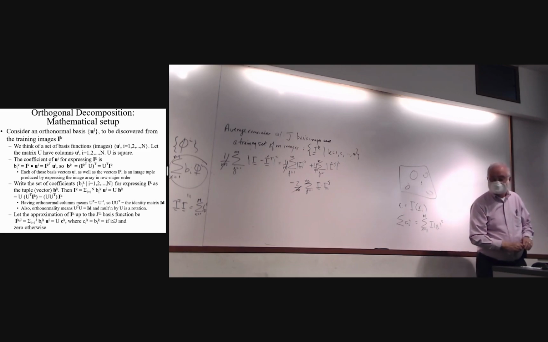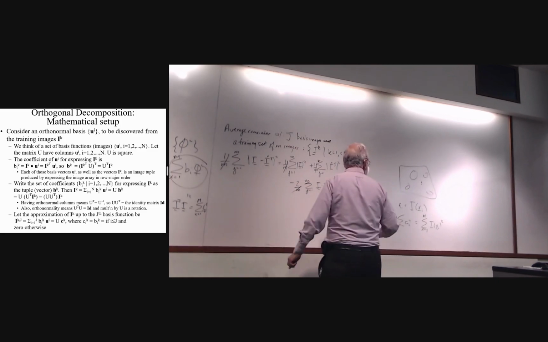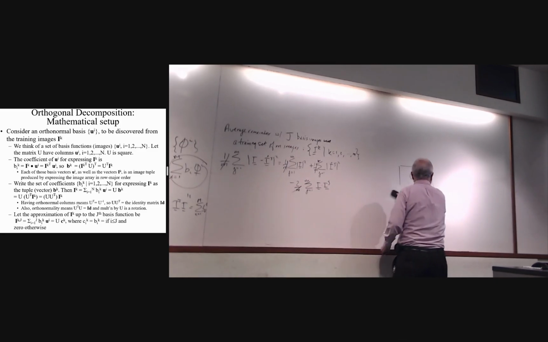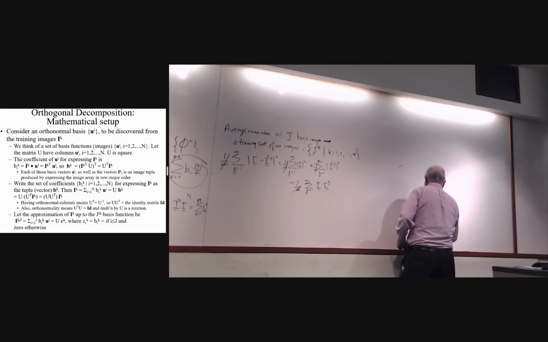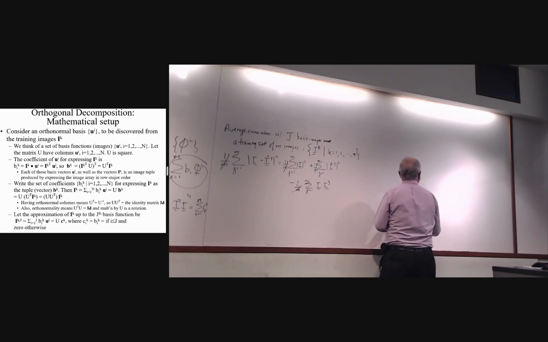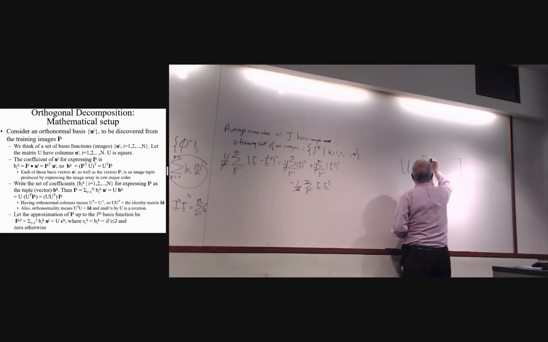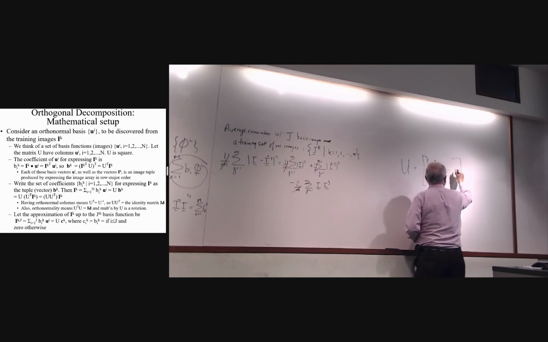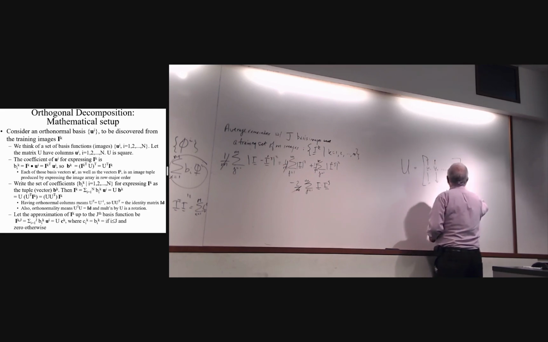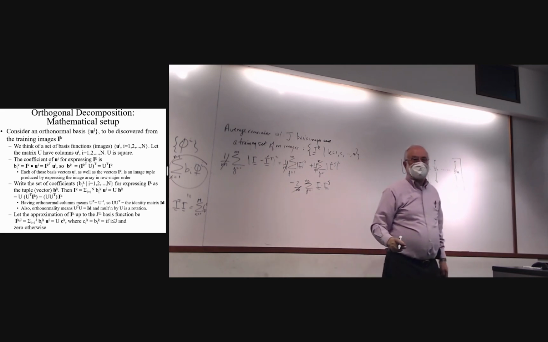Well, a good way to think of a basis is as a matrix. We're going to talk about a matrix, capital U, that looks like this. I'm just going to take my basis vectors.